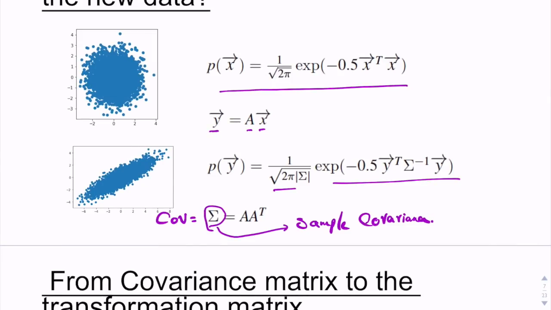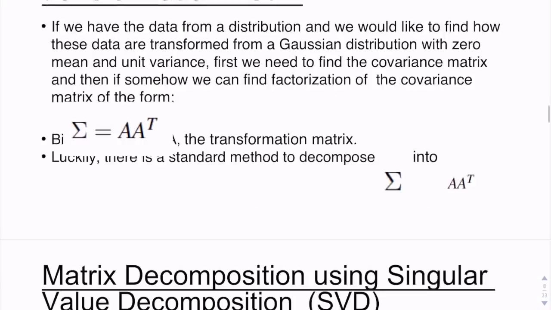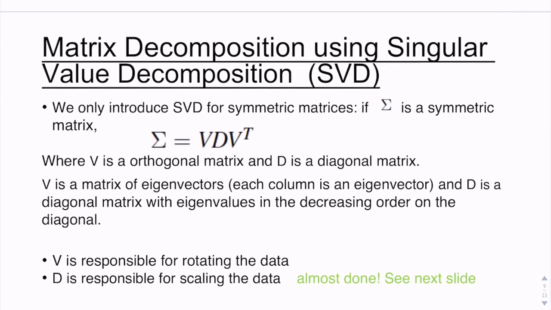Luckily, there's a very well-known and standard method, which is called the singular value decomposition of a matrix. For the rest of this discussion, we assume that the matrix is a symmetric matrix. We already know that a covariance matrix is symmetric.